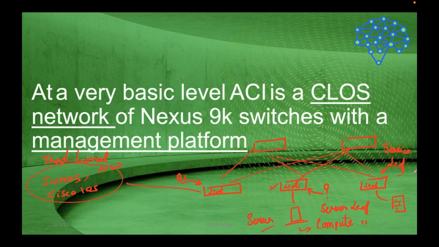So guys, there is no specific leaf which has to be designated as border or compute or service. It is just how the leaf is connected. And one more thing, there is no hard and fast rule that a border leaf cannot connect to a firewall. If you want to connect the same border leaf to a firewall, you can say that this leaf is a border leaf as well as a service leaf.